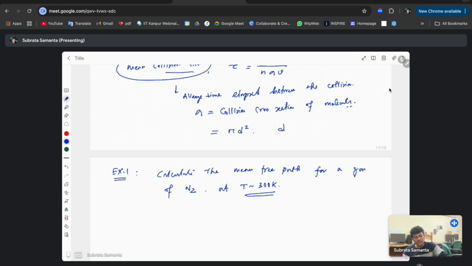The diameter of the molecules is given: d is 0.37 nanometer.